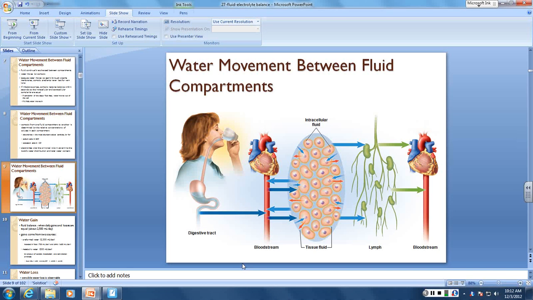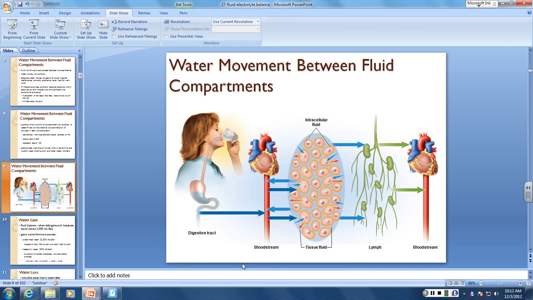Now, in the bloodstream, water circulates and the kidneys get rid of any excess. But some of that water can move into the interstitial fluid, the tissue fluid. Now, what we're talking about here is what determines if that water is going to move into the tissues or if fluid from the tissues is going to go into the bloodstream.